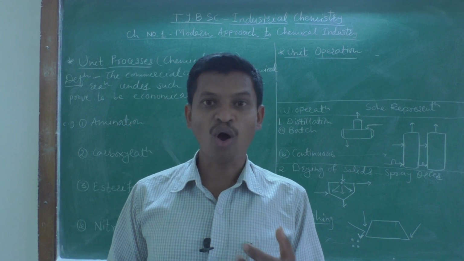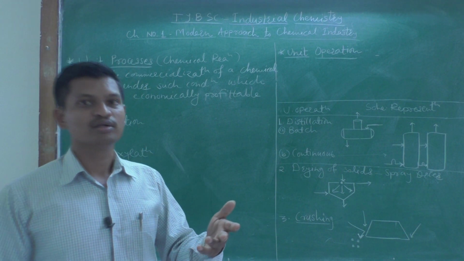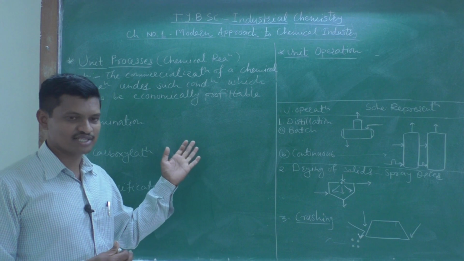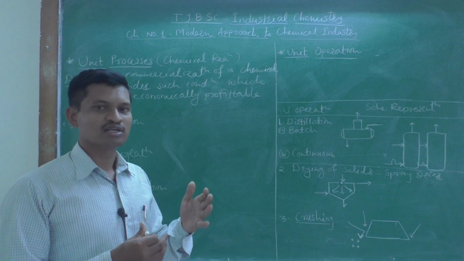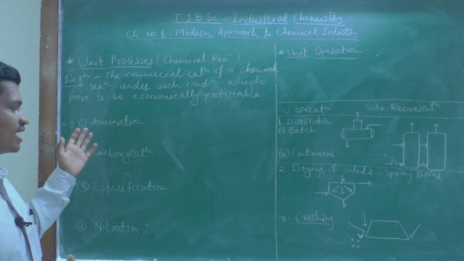So that's why we cannot say all chemical reactions are unit processes. Some of the chemical reactions that are used worldwide in chemical industry as unit processes are discussed here as examples.